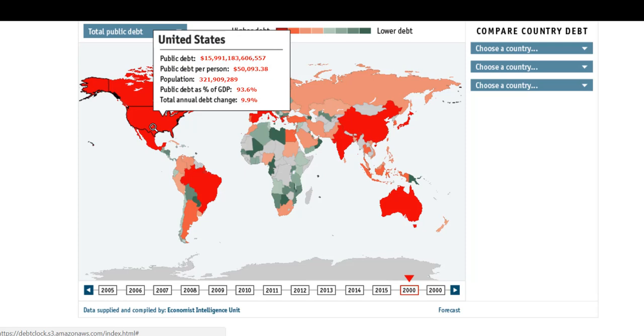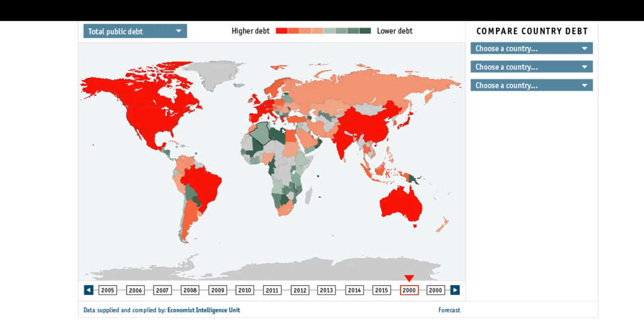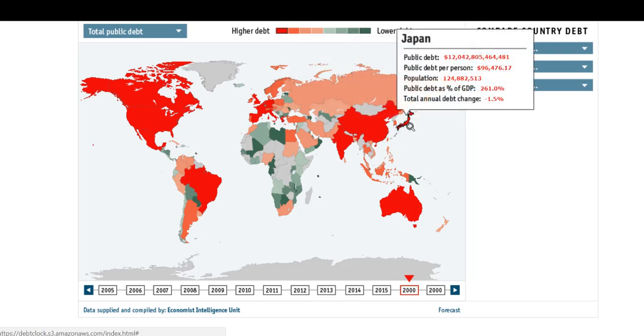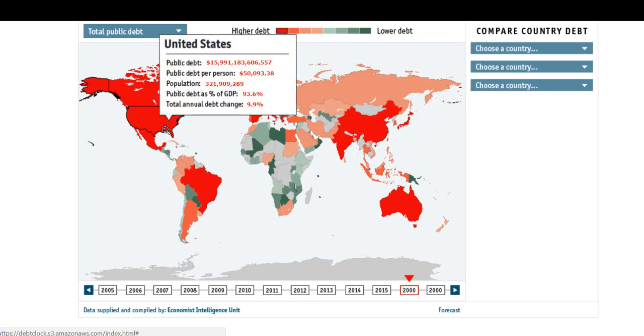So in the US, the latest data that they have here shows that the public debt represents 93.6% of the GDP. But for example, if we look at Japan, that number is 261%. So people will be more reluctant to lend money to Japan than to the United States.